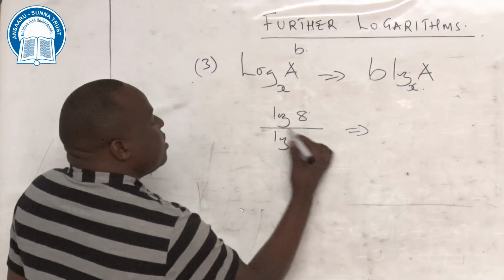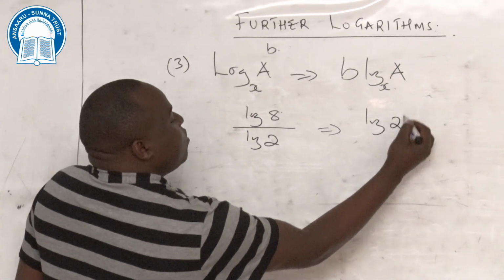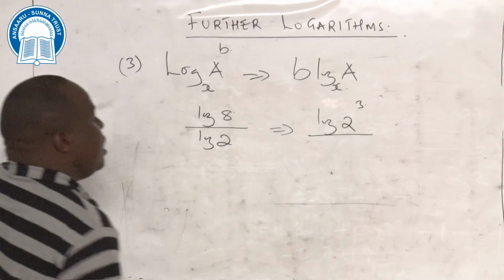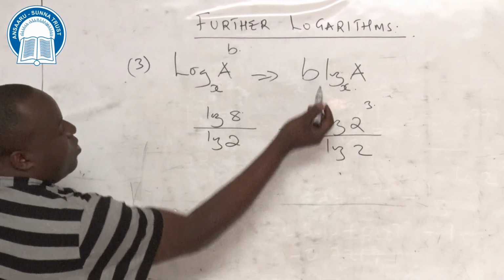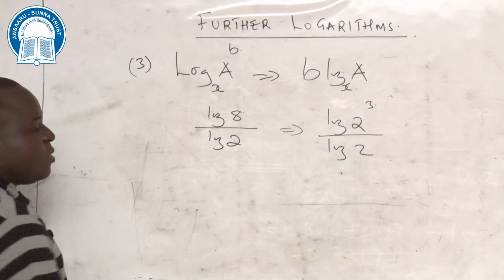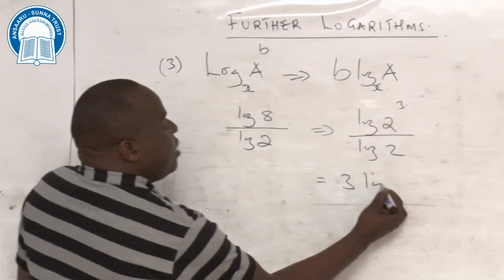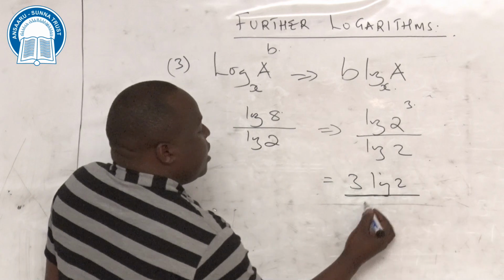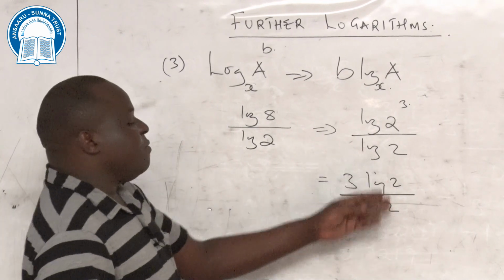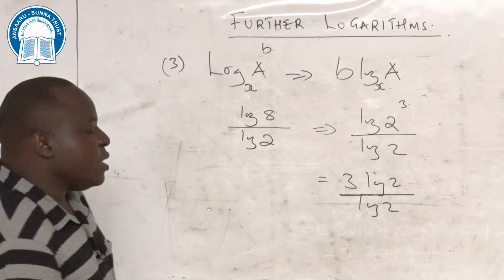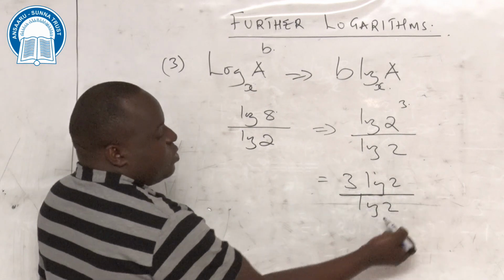Then this becomes log 2 raised to 3 over log 2. But then, according to the law, the power becomes the coefficient, which will be 3 log 2 over log 2. Now we all know that when you're dividing same values, the answer becomes 1. So when you divide log 2 and log 2, it's 1.